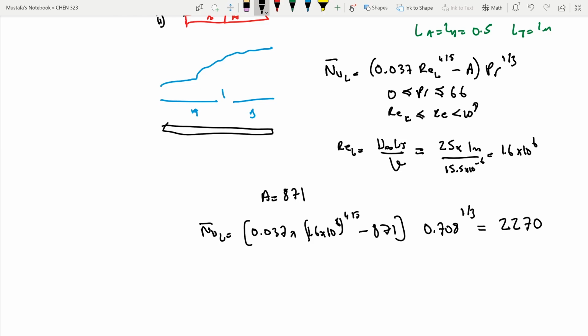And we are almost there. The Nusselt number is equal to H L divided by K fluid, multiplied by L, and this is equal to 2270.